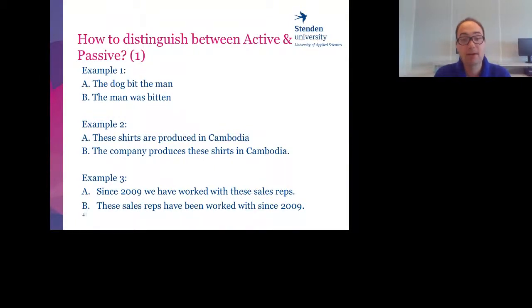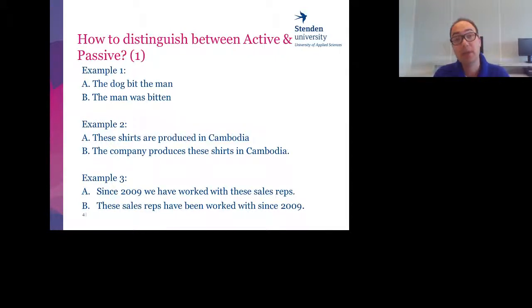Third and final example for now is since 2009, we have worked with these sales reps, sales representatives. Sentence B is these sales reps have been worked with since 2009. Sentence A is the active sentence. Sentence B is the passive sentence. We in A is the subject.